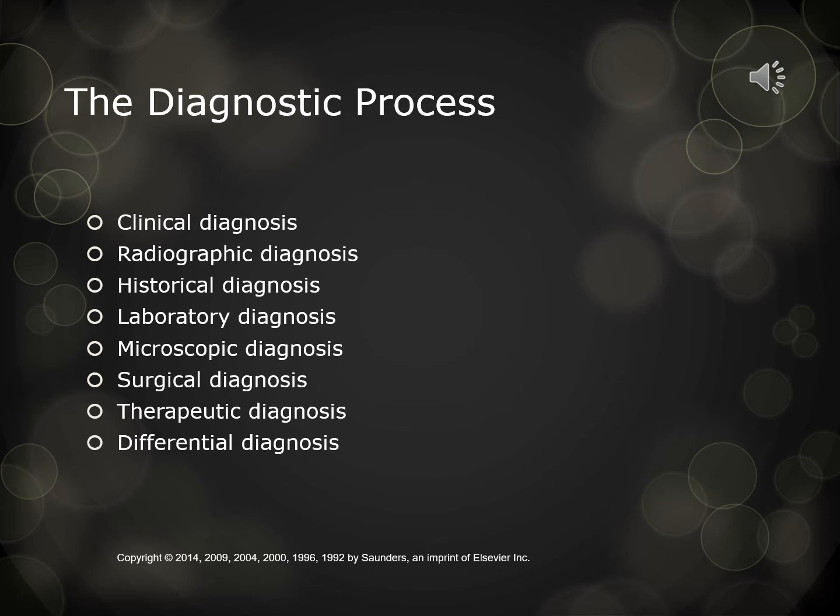Also, laboratory diagnosis, going into microscopic diagnosis by taking a brush or excising in a surgical diagnosis, and also using therapeutic diagnosis, different types of medications, and also using a conglomeration of many types of diagnostic processes called the differential diagnosis.